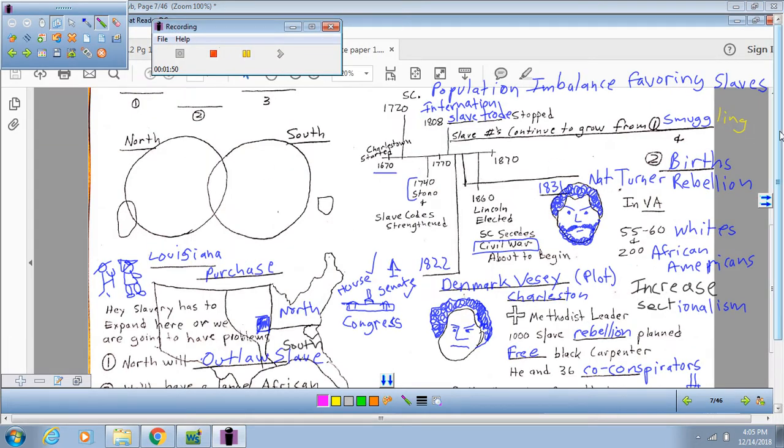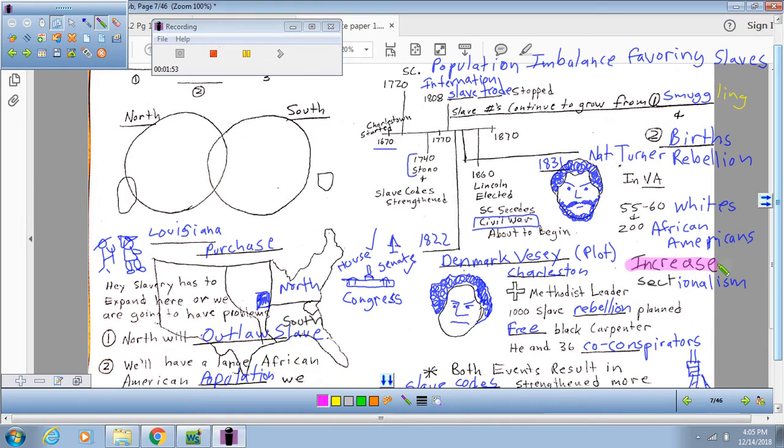The events that would increase sectionalism between the North and South were pretty much anything that the North and South felt differently about. Slavery being the major division point, slave rebellions and decisions about slavery, as we'll learn later on, really would increase sectionalism.